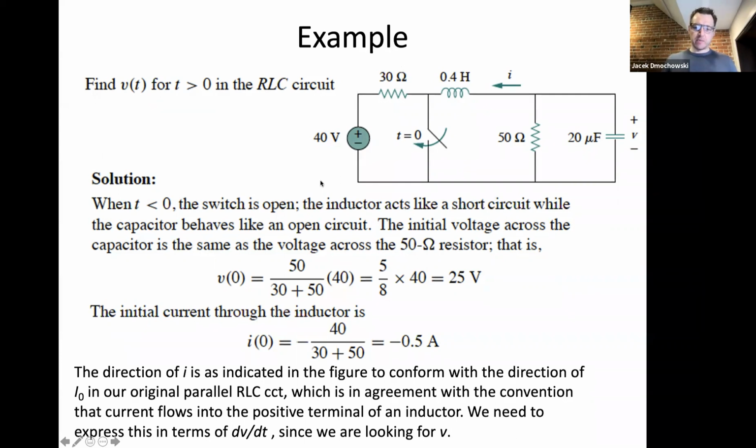Okay, so that's something that we're going to see once this switch goes from the open position to the closed position. But right now, it's still open. And in this configuration, this capacitor does sense the battery, right? Because without this short circuit in place, the battery is very much sensed by the capacitor. So we always start off by getting the initial values for the capacitor voltage and the inductor current.